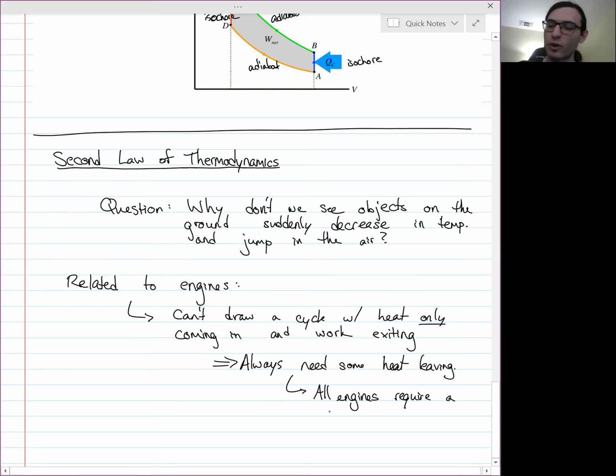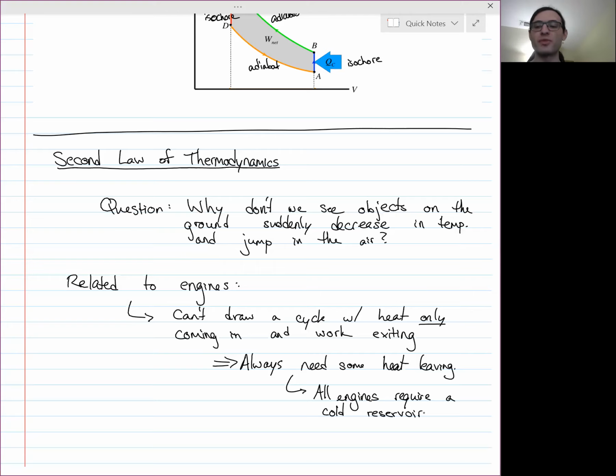Which is to say that all engines require a cold reservoir. Now, this may seem unrelated, this business about engines, but think about it this way. If I could install a device that did as I described to my little pocket knife, it would take thermal energy and convert that to heat in this engine, and it could convert that to work, and you could convert that work to just a force on the pocket knife, which would cause it to jump up.